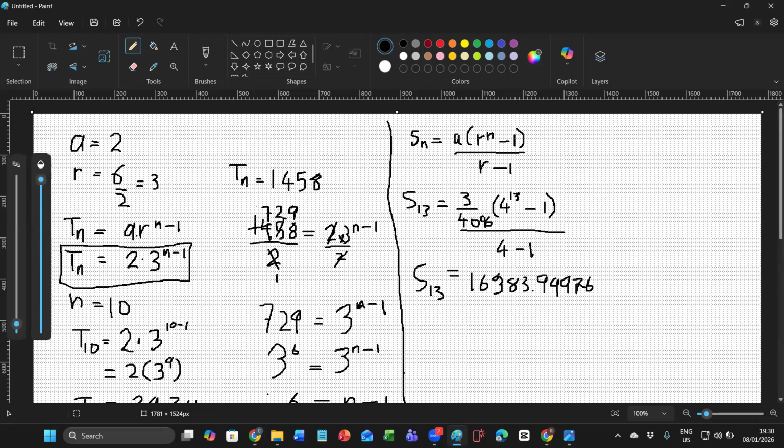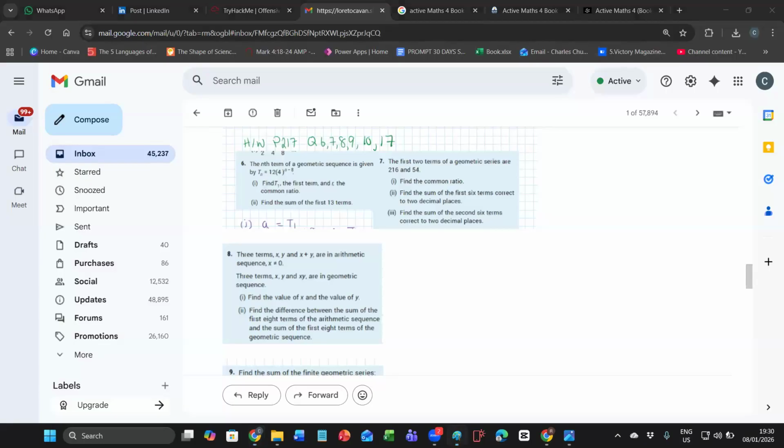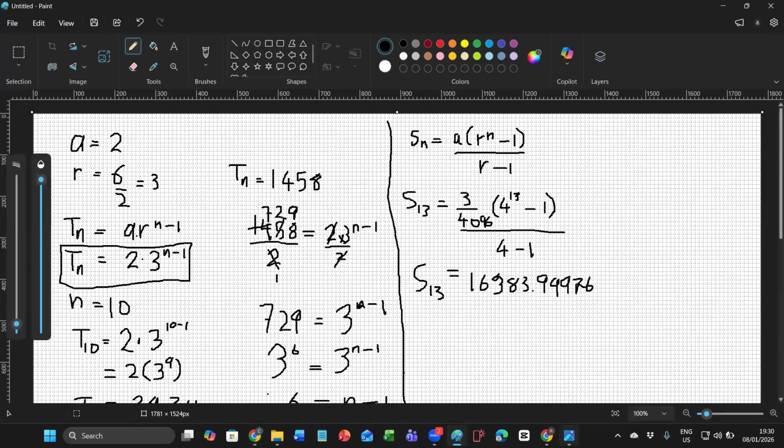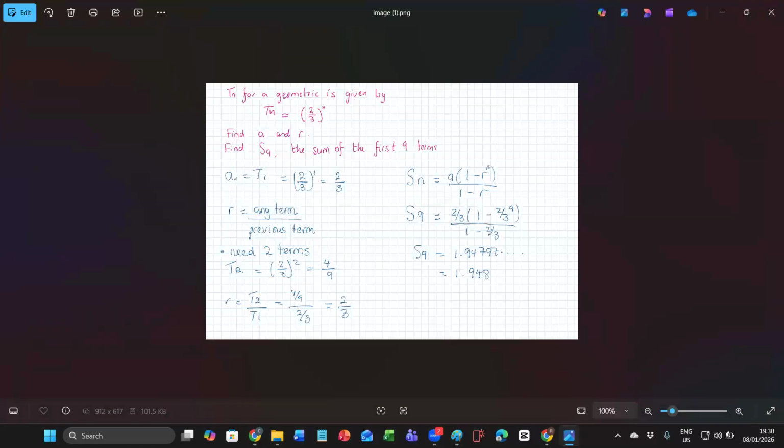So I don't know if it was an omission on her part, but the notes your teacher gave you on series, yes. In this example that she gave, the common ratio is 2/3, and 2/3 as a fraction is less than 1.